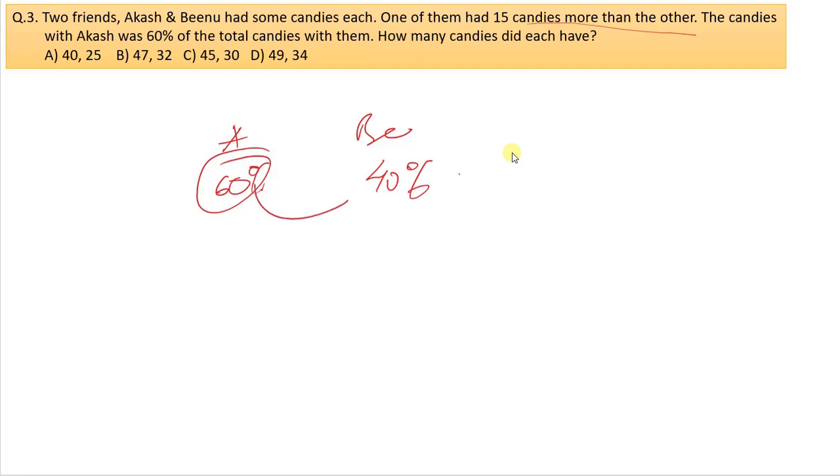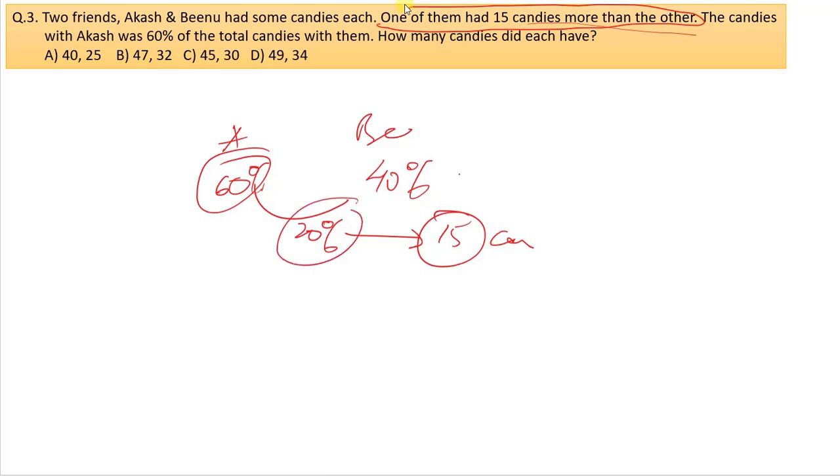Here Akash is having 20% more than Binu. So this 20% will be 15 candies, because in the question we have one of them had 15 candies more than the other.